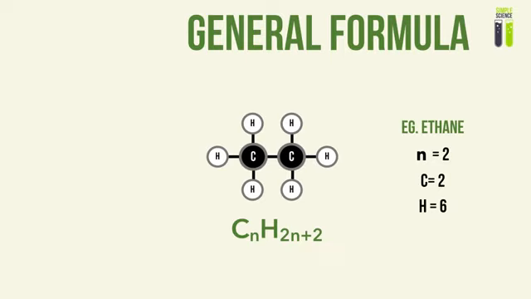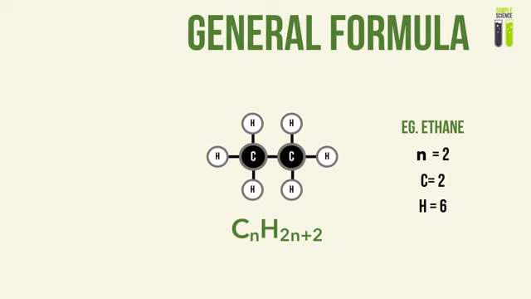So in this case, n equals 2, so the number of carbon atoms is 2. If we compute the number of hydrogen atoms, 2 times n, which is 2, is 4, plus 2 is 6. So we have a total of 6 hydrogen atoms in this molecule. Therefore, this molecule is C2H6, and it is known as ethane.